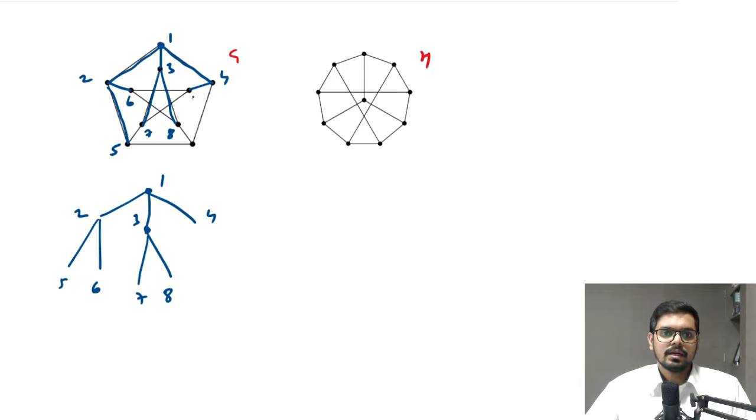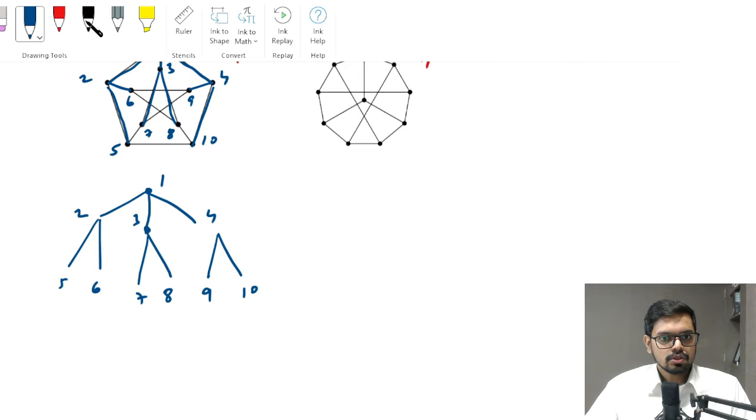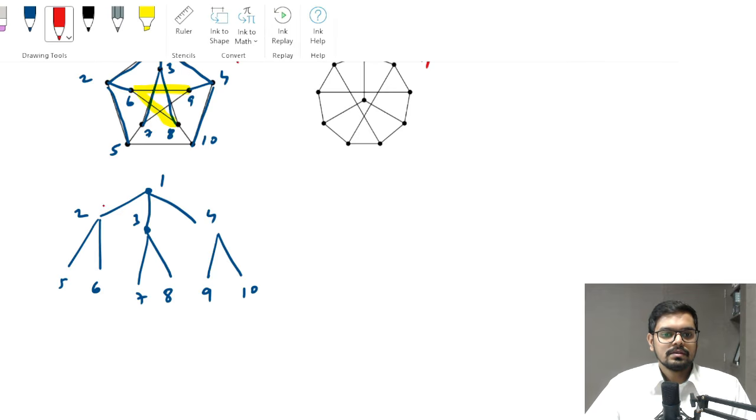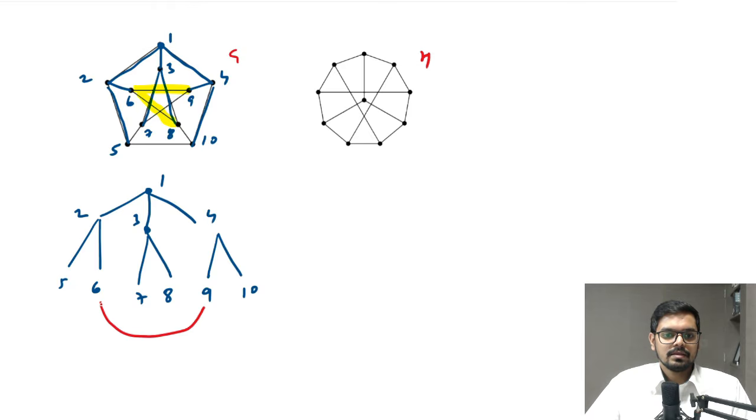Then 4 is connected to 9 and 10. Also there are some edges left. 6 is connected to 9 and 8. Then 7 is connected to 9 and 5. Then this 10 is connected to 8 and 5. I hope this graph is pretty much clear.